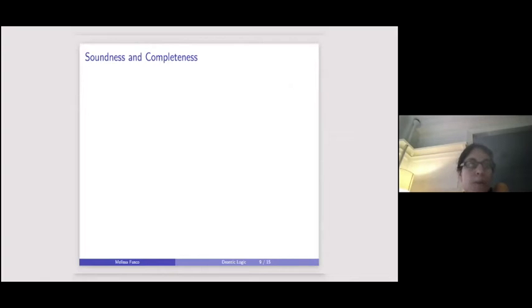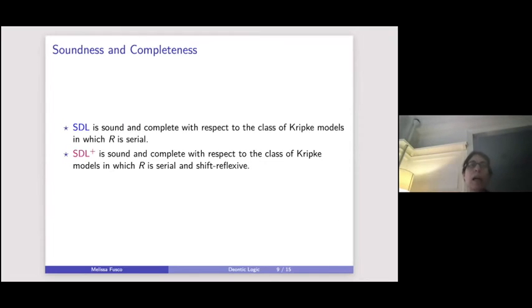For people who are familiar with soundness and completeness, we've got these models and we've got these logics. SDL is sound and complete with respect to the class of Kripke models in which R is serial. So everything that is valid in those models has a proof in SDL, and everything that SDL can prove is valid in those models.